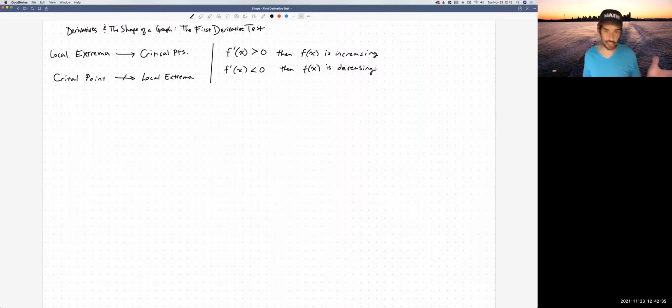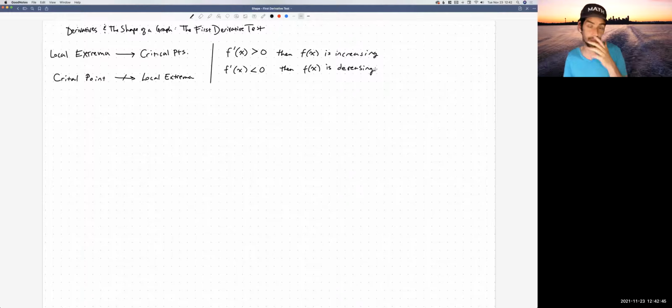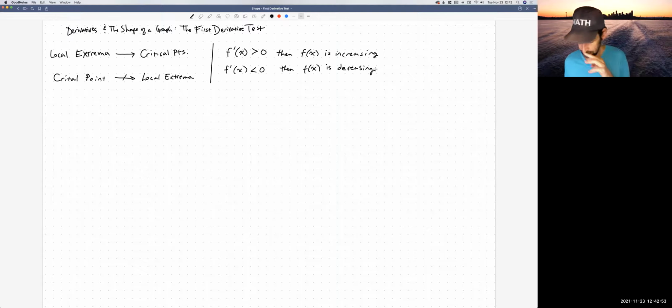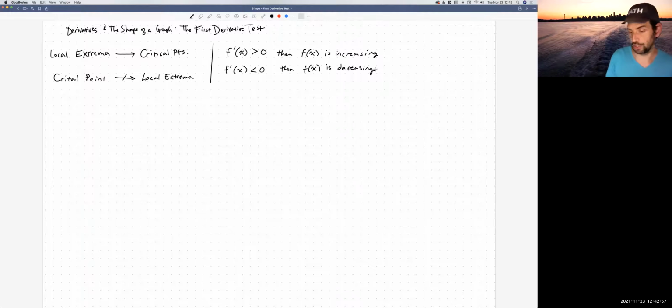Is this fairly intuitive if you've been absorbing the idea that the derivative tells us about the rate of change? If the rate of change is positive, changing the input leads to a positive change in the output, that's an increasing function, right? Or the slopes of the tangent lines are heading up, so the function itself must be. We proved it with a little bit of algebra and reasoning, but I think that intuition is pretty good for holding that idea.